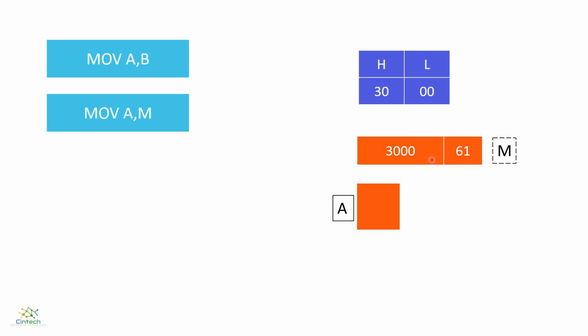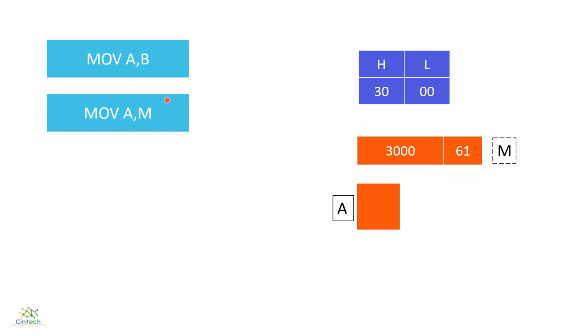It seems like memory location 3000 has a value of 61 hex. So the MPU takes this value and puts it in the M register so that the programmer can access it. This is not a physical register, it is definitely a virtual register.